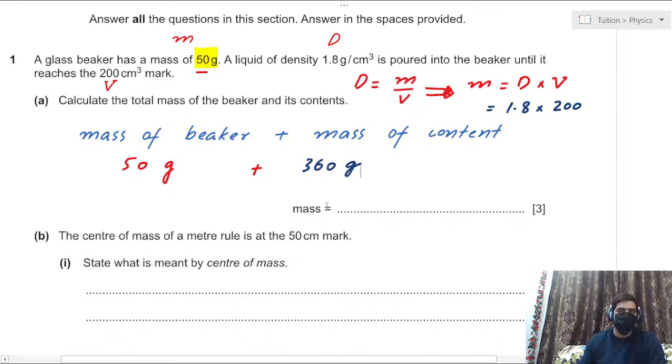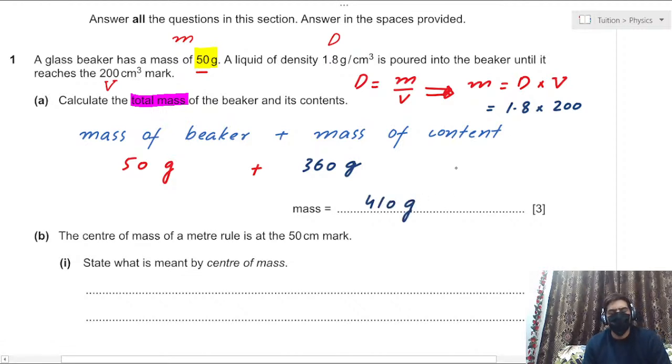So 360 grams is the mass of the content. Now, what is the total mass? Because you need to actually calculate the total mass. So the total mass would be the sum of these two, which is 360 plus 50, 410 grams.